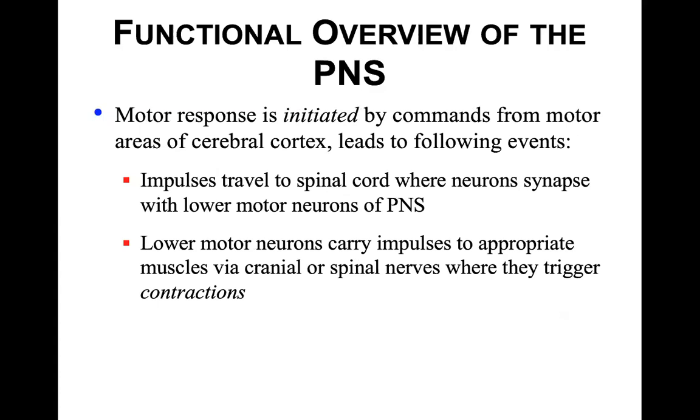The motor response is initiated by commands from motor areas of the cerebral cortex. This leads to the following events. Impulses travel to the spinal cord where neurons synapse with lower motor neurons of the peripheral nervous system. The lower motor neurons carry impulses to appropriate muscles via the cranial or spinal nerves where they trigger their contractions.